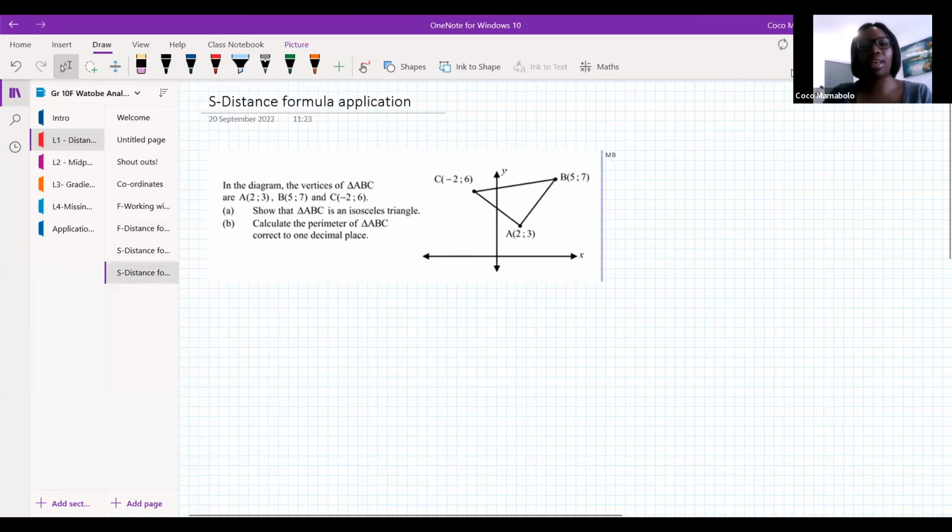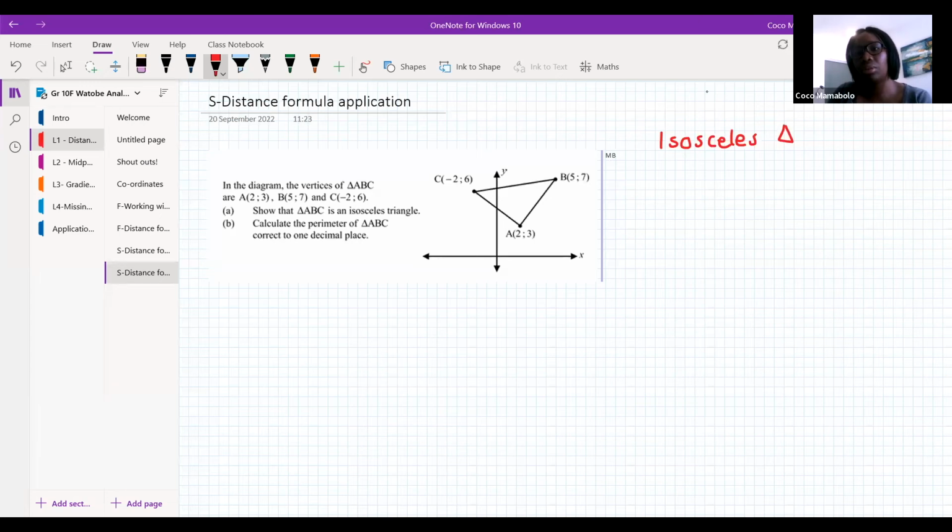Okay, so it says here, in the diagram, the vertices of triangle ABC are A, B, and C, and they give us the coordinates. Show that ABC is an isosceles triangle. Now, can anyone remind us, guys, what is an isosceles triangle?